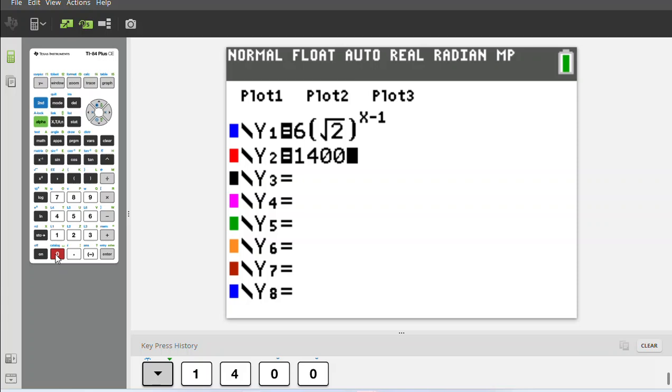Anybody have an idea what kind of zoom might work for this? It's definitely not going to show up in your standard window because your standard window only goes to 10. So you could try zoom out. Anything else? I always like to try zoom fit because sometimes zoom fit knows where it wants to be. I'm going to try zoom fit.